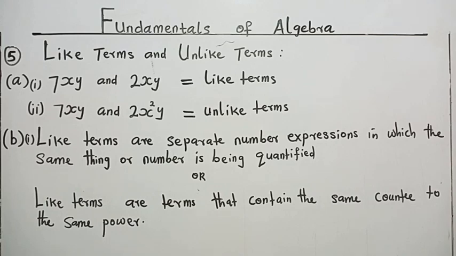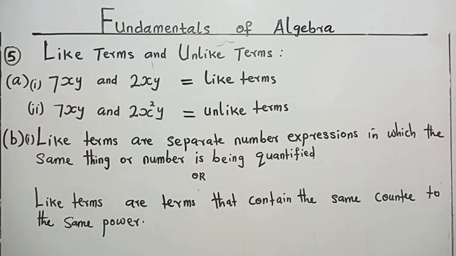In algebra, we don't have much interest in numbers counting items. Instead, we have interest in numbers counting numbers. So 7 is counting this product of xy, and 2 is counting the same xy. So that means the same number xy is being counted by both 7 and 2.